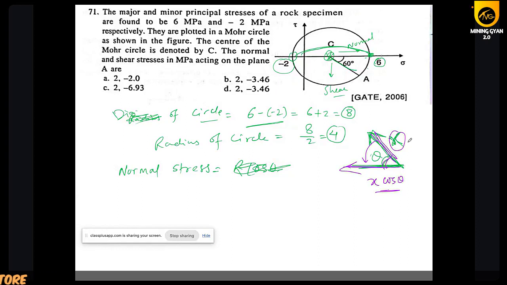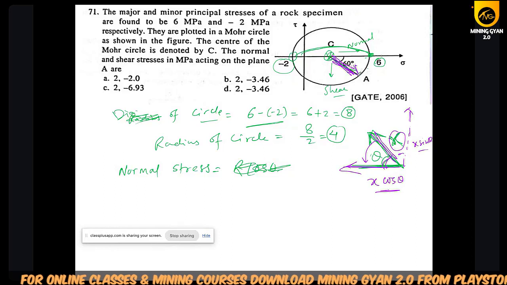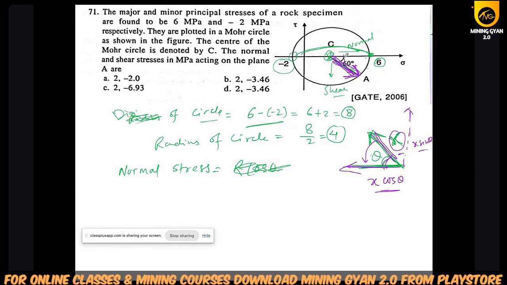And the projection of x in the y direction, on the side not connected with theta, or far from theta, will be x sin theta. Are you getting it or not? I know many of you know how to take components. So if this is r and this is your theta, it will be r cos theta.